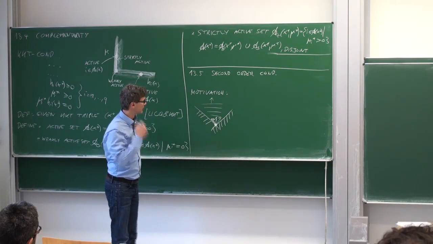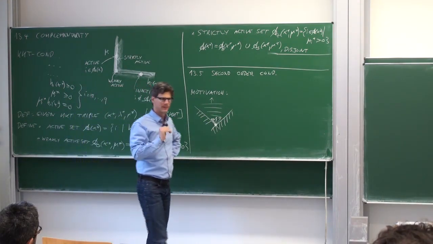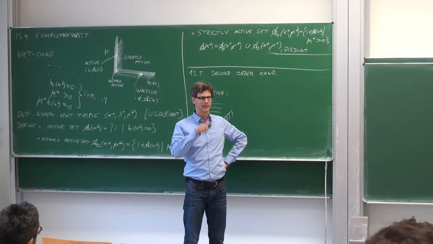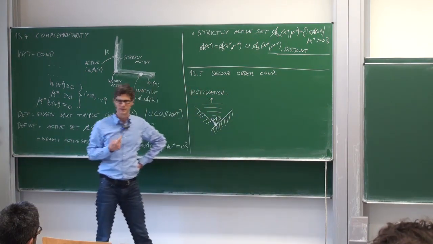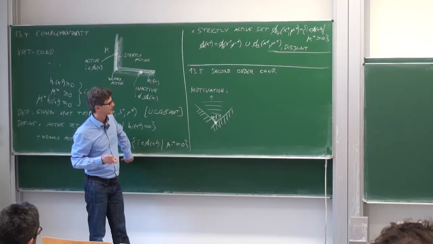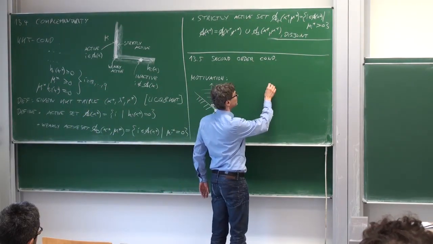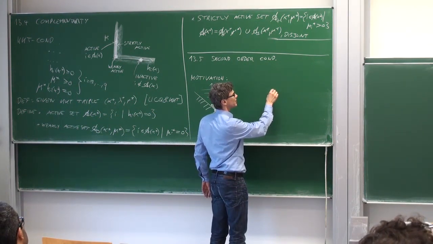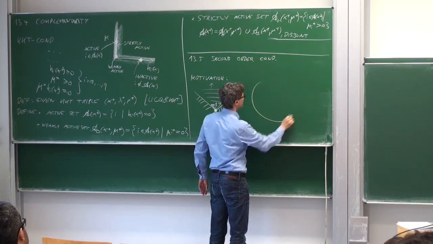So we cannot just require, like we did for equality constrained optimization, that some matrix must be positive definite on the tangent cone. The tangent cone is not the right concept. Maybe I give another example, so that we get a bit of an idea. I will just draw a circle.